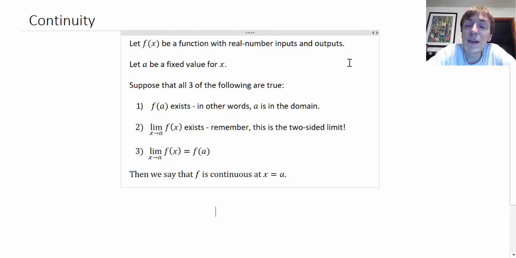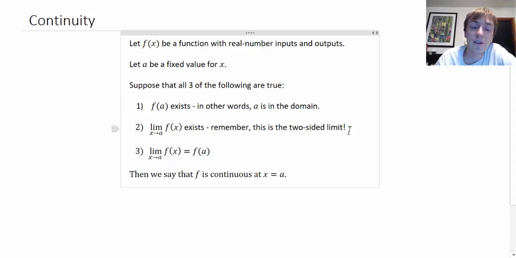There are three conditions that have to be true for us to say that the function is continuous at x equals a. I'm going to walk through the three conditions. The first condition is that f of a exists. All that means is that a is a valid input, in other words, a is in the domain.